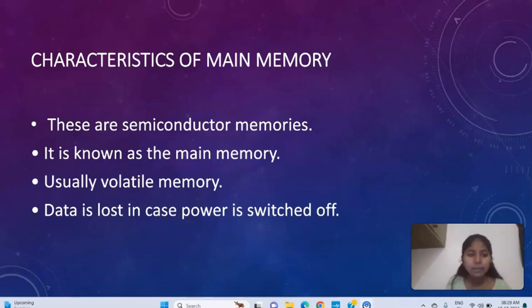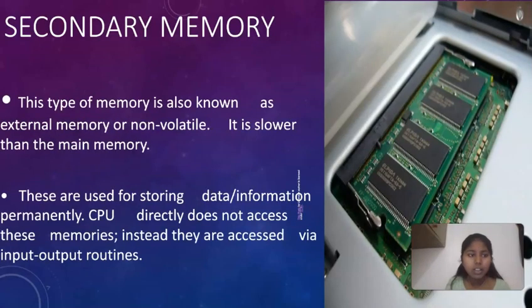Next we will see the secondary memory. This type of memory is also known as external memory or non-volatile memory. It is slower than main memory or primary memory. The primary memory is volatile, the secondary memory is non-volatile. These are used for storing data or information permanently.